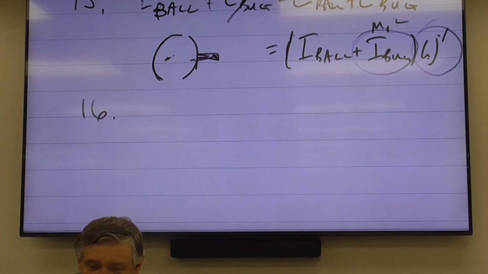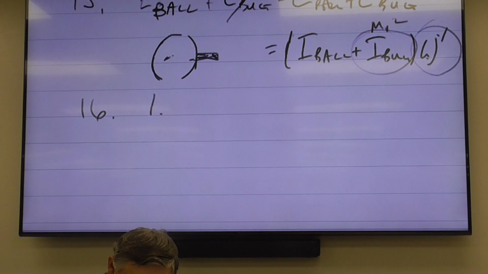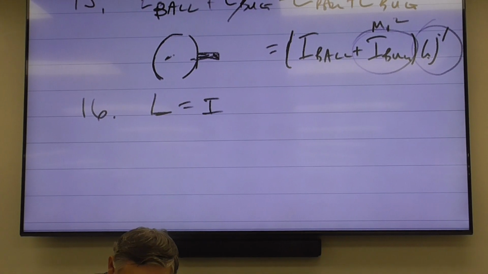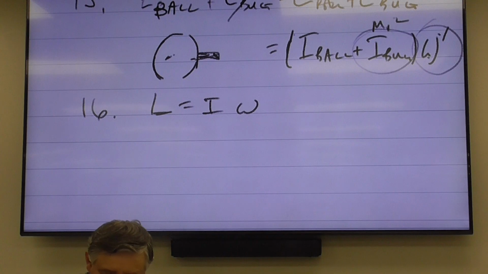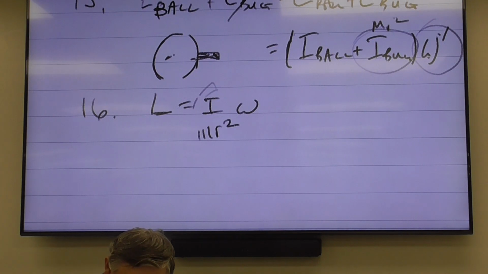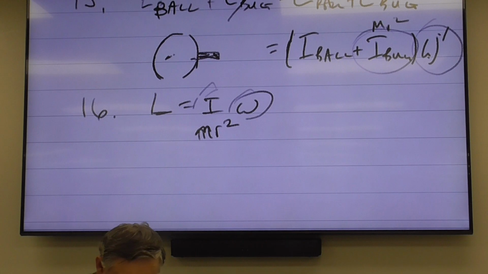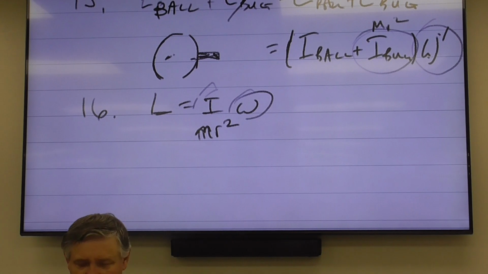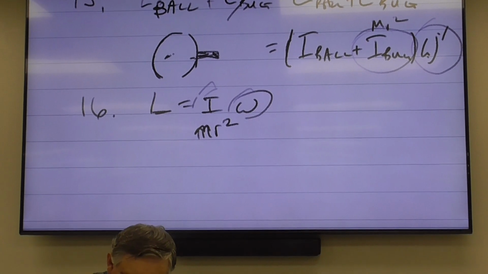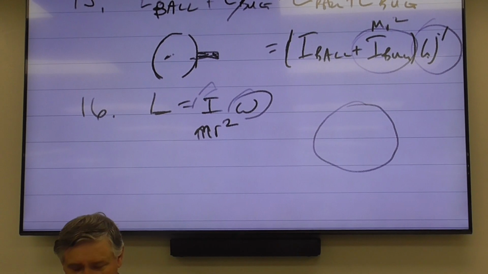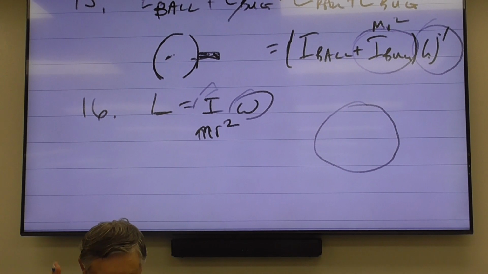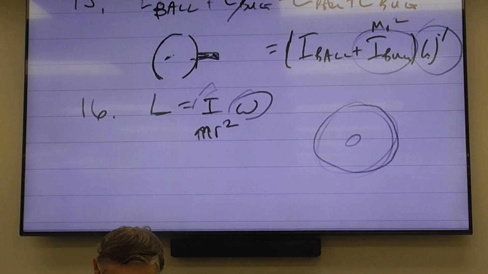Okay? So again, you're going to use L equals I omega. In this situation, you're going to use mr squared because you're told to treat the moon as a point mass, which it is. And then you've got to find your omega. I tell you that it takes 27.3 days. Now, as the moon goes around in its orbit, which is drawn like this, but that isn't really how it goes, just stay with me. So there's the moon, or the earth, and it's going around like this.